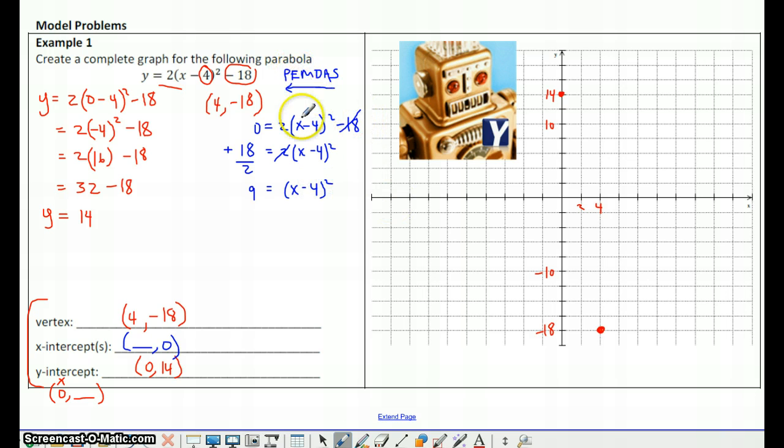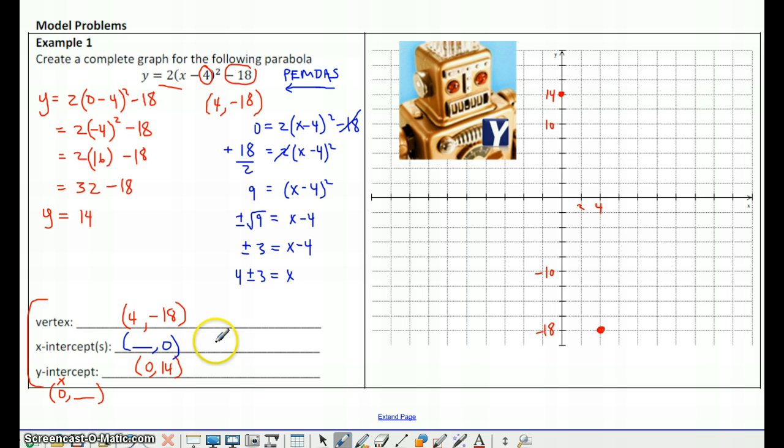Moving on to exponents, I would take the plus or minus square root of 9, which would be 3. So then I would have plus or minus 3 equals x minus 4. Adding the 4 to this side, I would end up getting 4 plus or minus 3 as my two values.